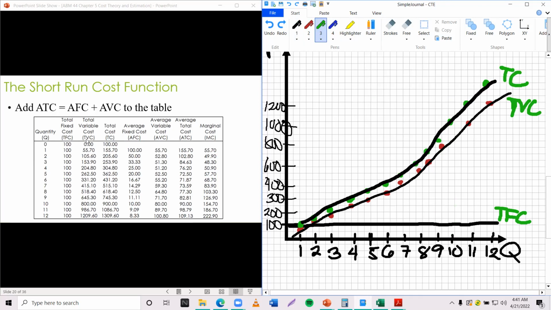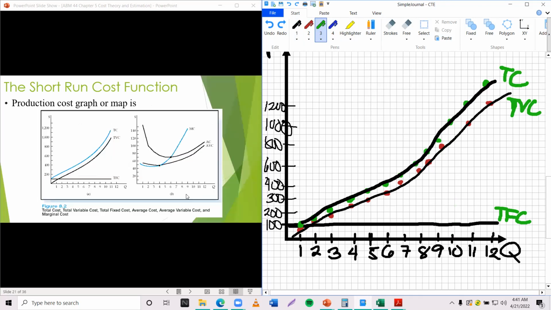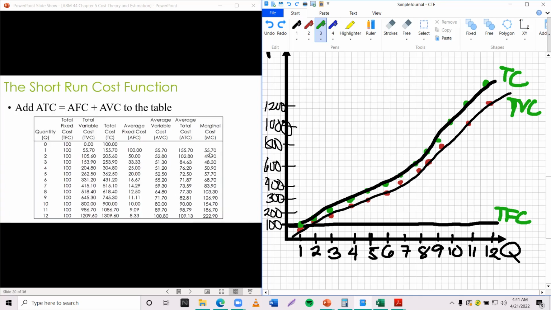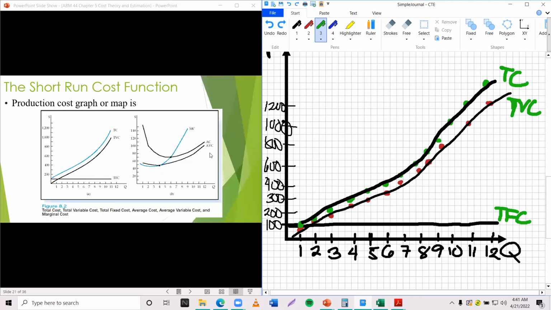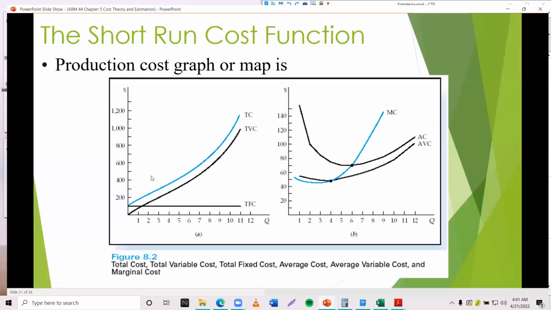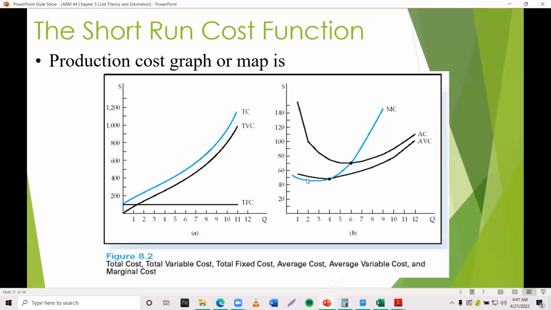You can proceed for marginal cost, AC, average cost, and average variable cost. That's how it is plotted. It is a bit crooked, so I apologize for that, but overall, this is how it would really look like.